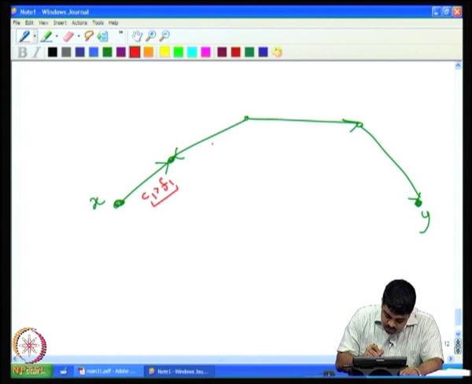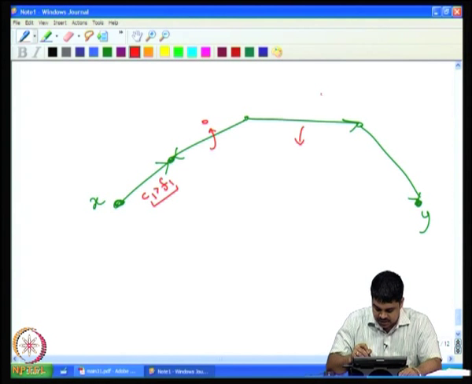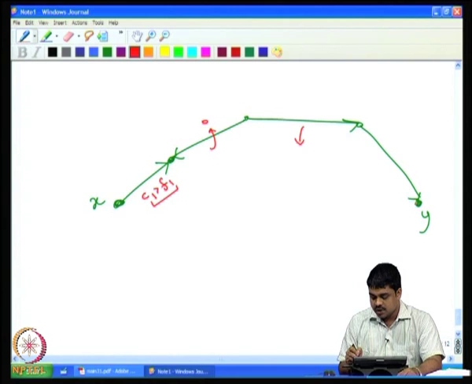On the other hand, here the flow value is not 0, it is more than 0, and here the flow value is less than the capacity, and here again the flow value is less than the capacity.